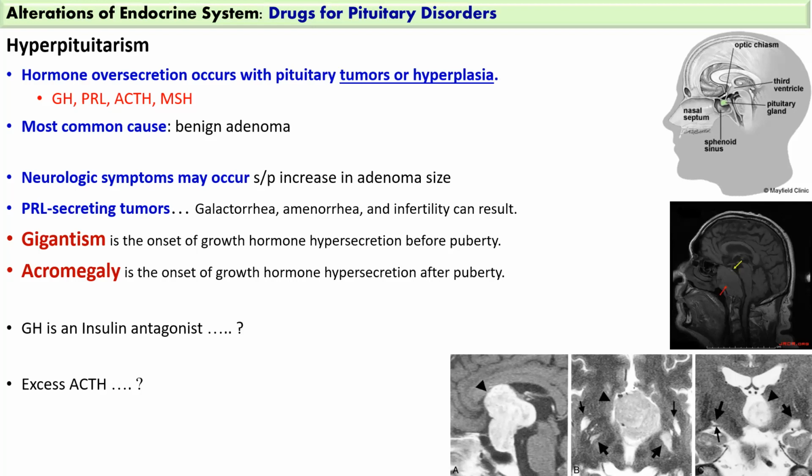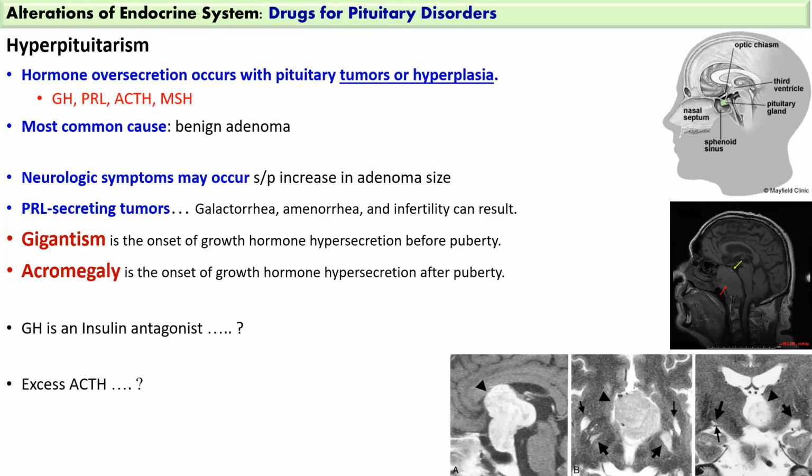For acromegaly, early detection is key. Same thing with gigantism also. Before puberty or after: gigantism before, acromegaly after. The key, not just to diagnosing but also to effective treatment, is the early detection of the problem.